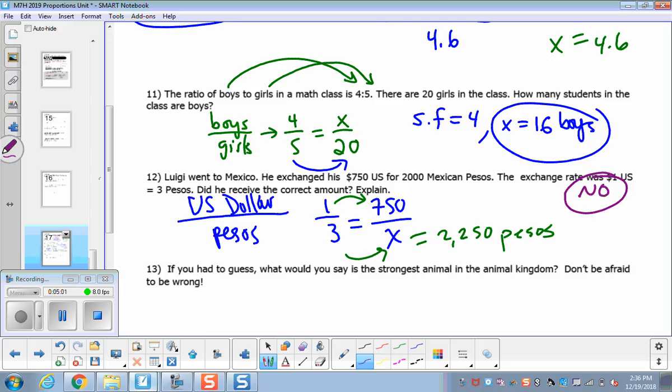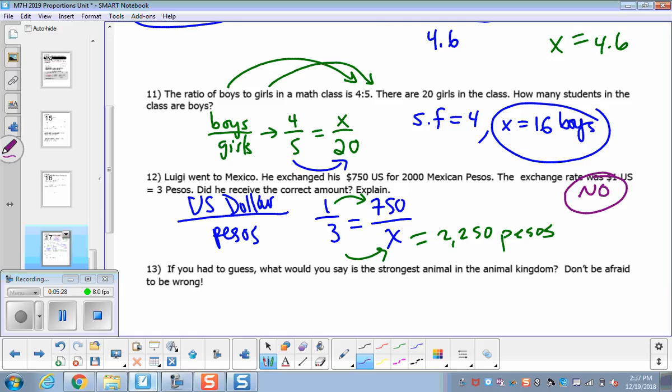Now after we leave question 13, I do want you to pause the video and just think about it. If you had to guess, what would you say is the strongest animal in the animal kingdom? And I want you to just pause the video and give it some thought now. Just give a guess. All right, so a lot of common guesses are going to be things like the blue whale, or an elephant, or a rhinoceros.